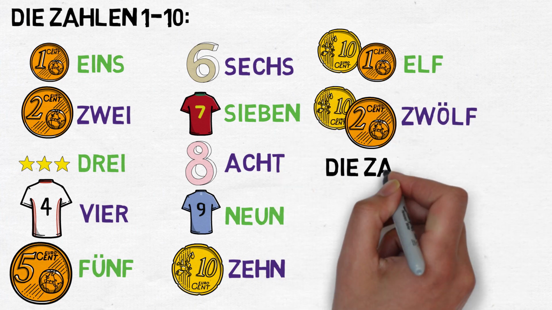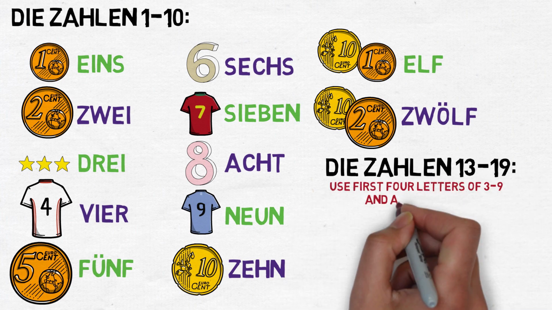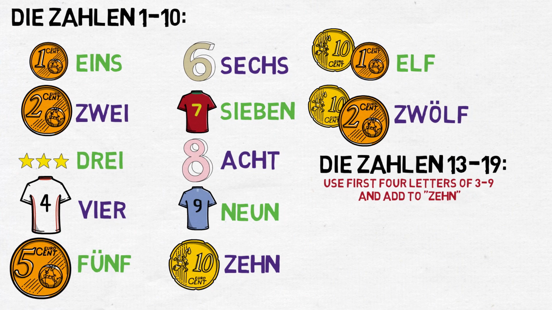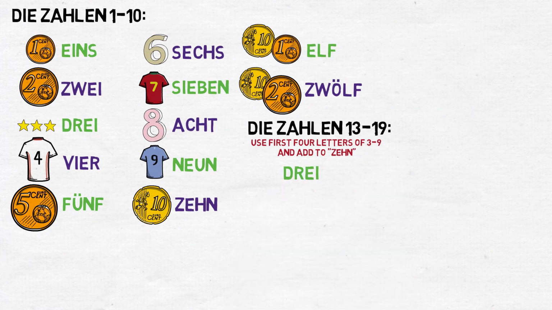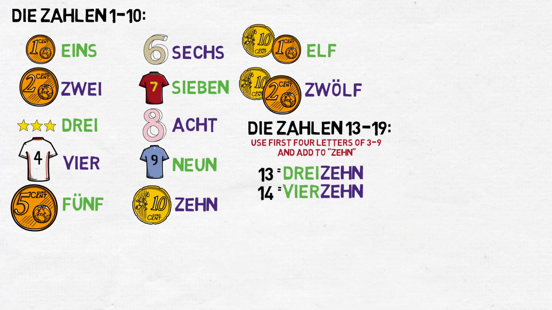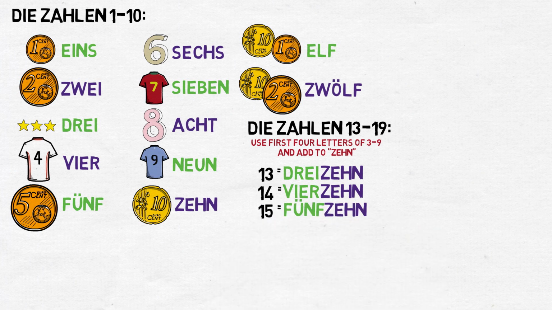For the numbers 13 to 19, we use the numbers 3 to 9 and combine the first 4 letters of them with the word for 10. In English, 13 derives from 3 and 10, and the same thing happens in German. 3 and 10 make 13, 4 and 10 make 14, 5 and 10 make 15.